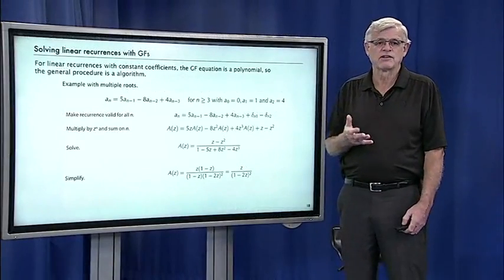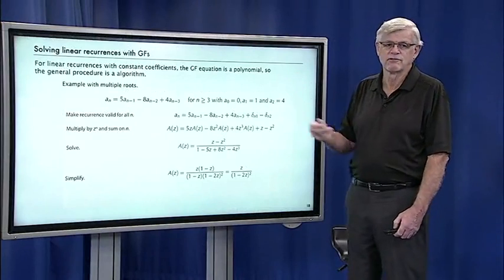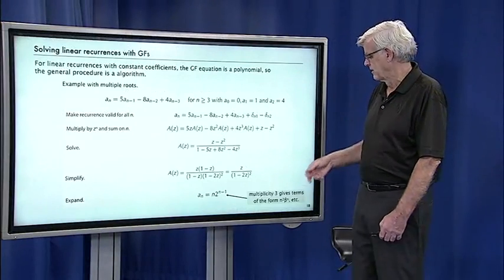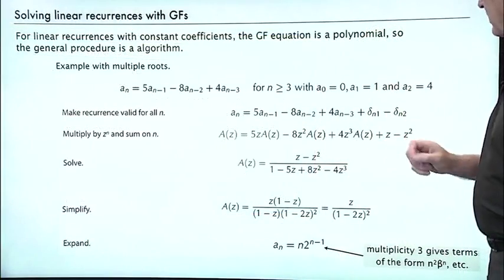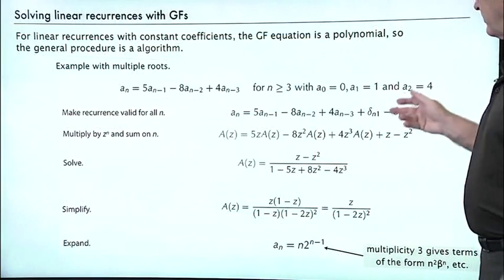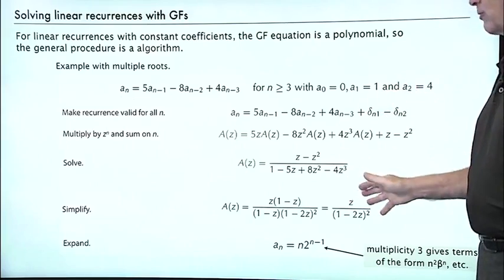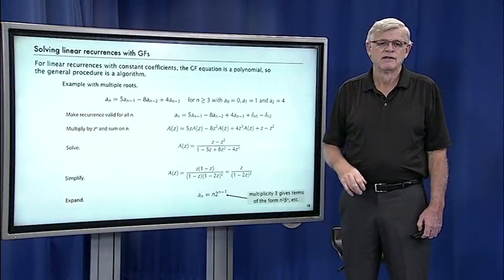But that's one that we know. That's a generating function that we already derived by differentiating the geometric and scaling, and that says that a_n equals n 2 to the n minus 1. Again, just algebra to find an explicit representation for the generating function and then expand.